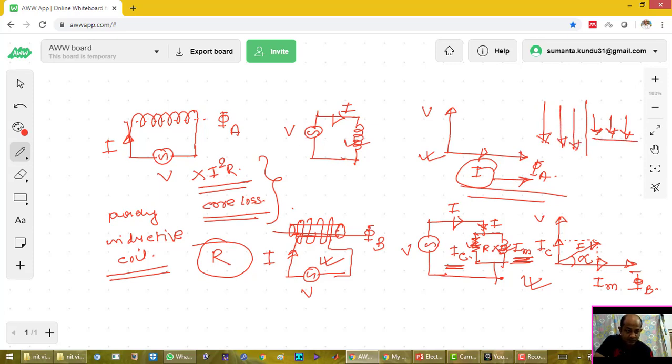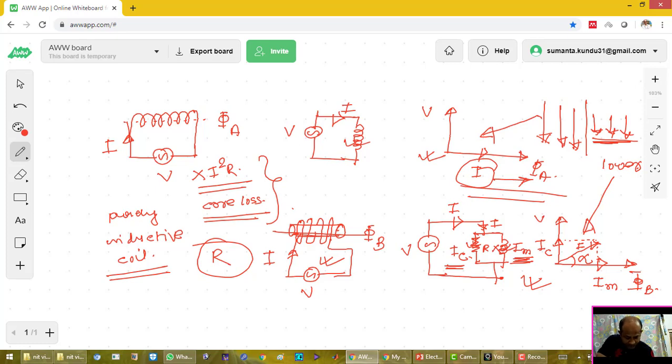The part with lesser air gap has more iron. So where the air gap is lower, it will behave just like an iron core, and where the air gap length is much higher, that part will behave like an air core.